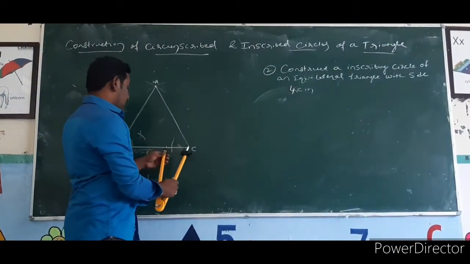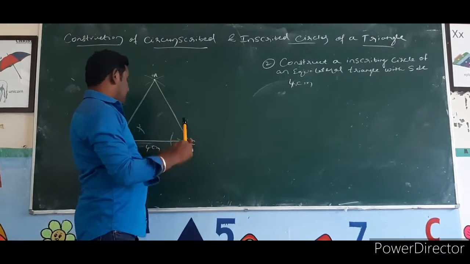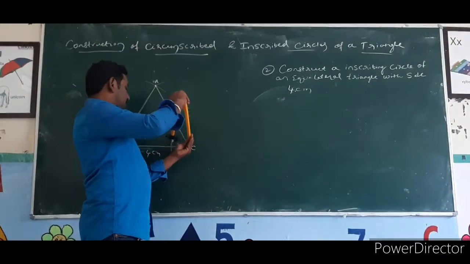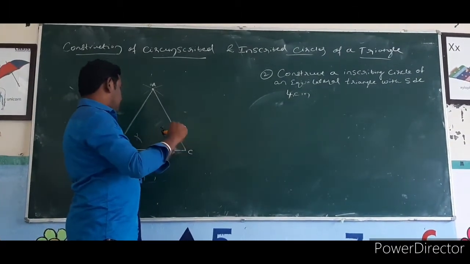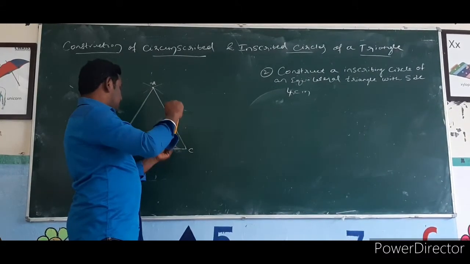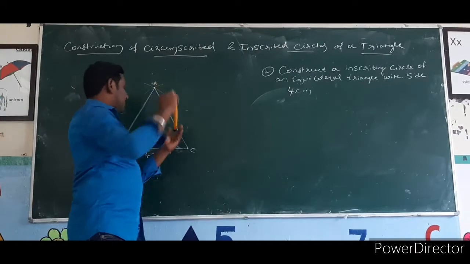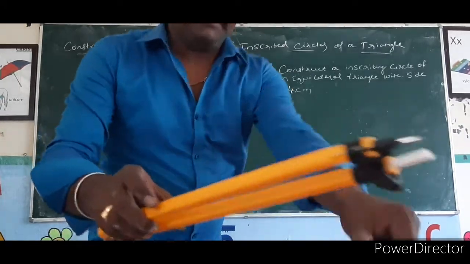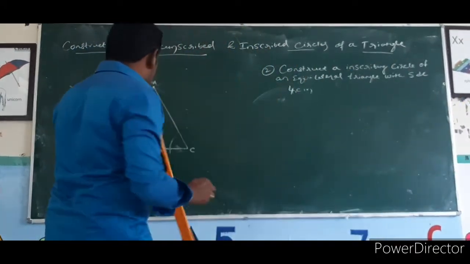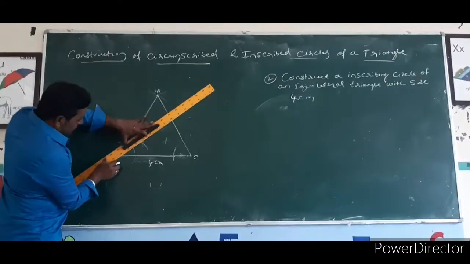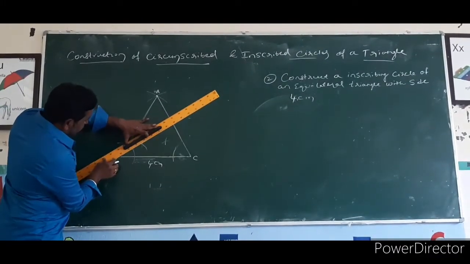Same thing you can consider. First you have to construct angular bisectors. First you have to understand the concept and steps, then you can easily solve. Now I am joining the two angular bisectors.